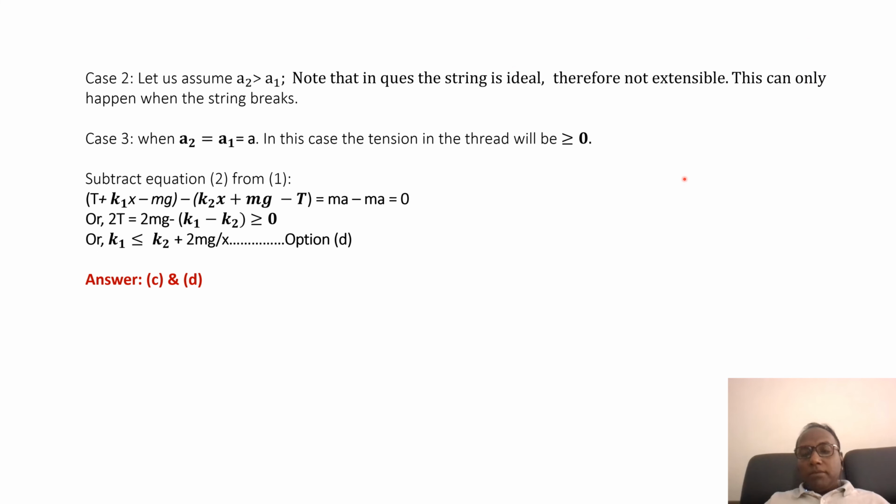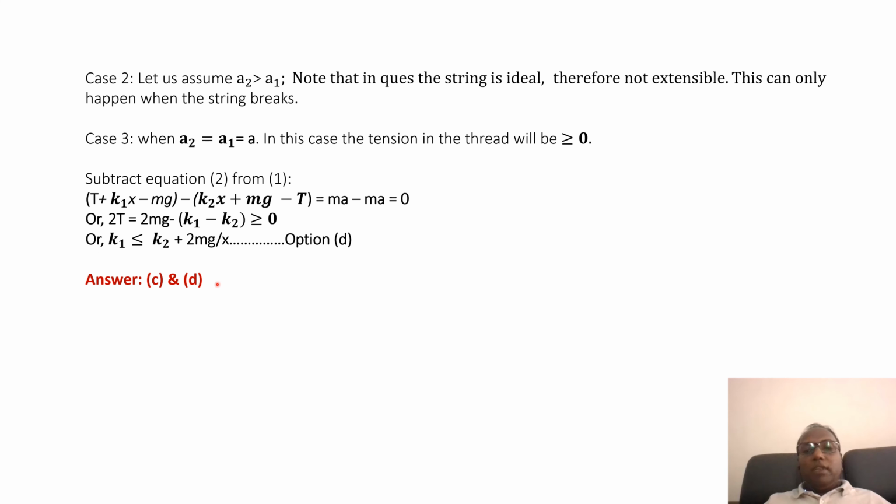Now the third case, both the blocks are moving with the same acceleration. So in that case, what will happen? Your tension will either be equal to 0 or greater than 0, right? Means the thread will be under tension, or it will not be under any tension but will move together.